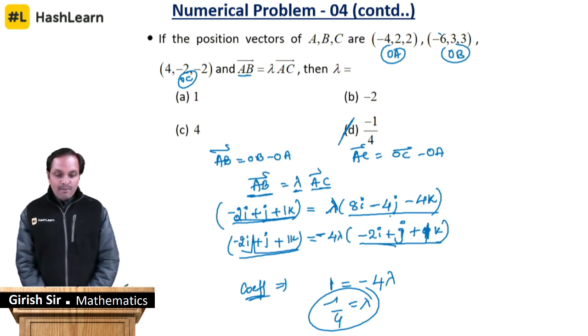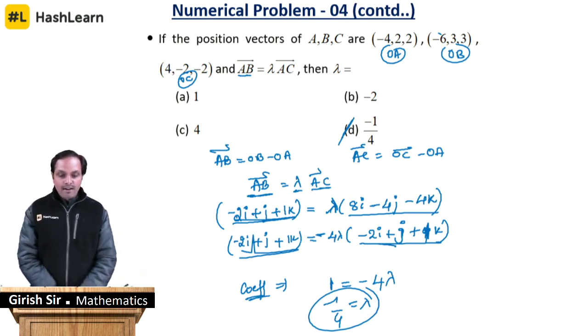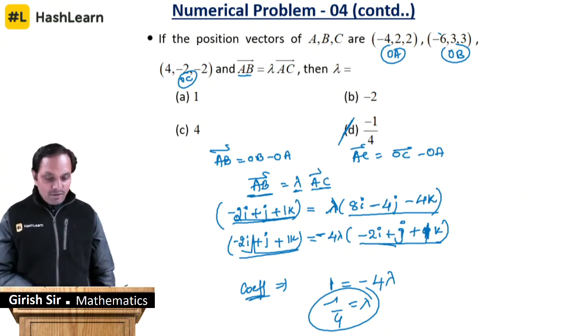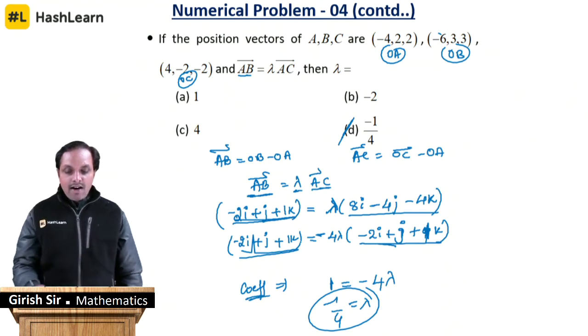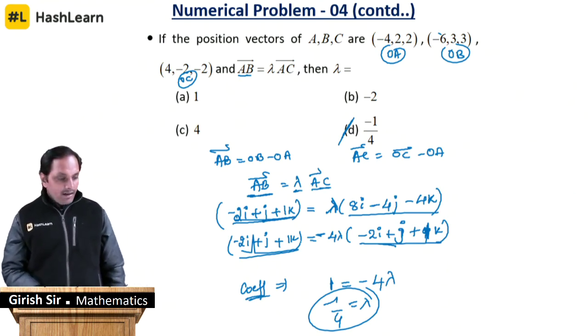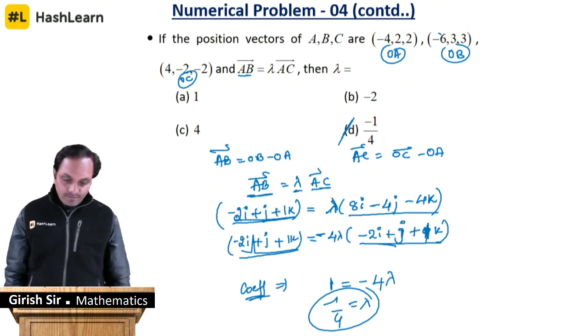So to make them identical, take minus 4 outside, and lambda will be as it is. So left hand side is minus 2i plus j plus k, and right hand side also minus 2i plus j plus k. So finally lambda will be minus 1 by 4. Okay?